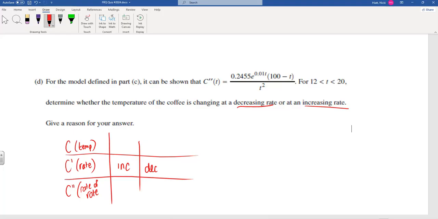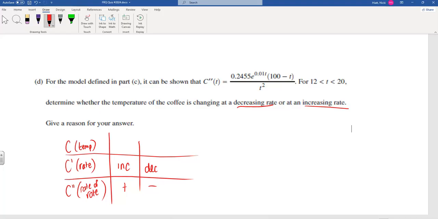Do they even have to give you the second derivative here? I don't think so. You can find that by doing positive and negative. C double prime, right, so you can use this, but they also gave you, hold on, let's see, because it says temperature of the coffee is changing at a decreasing rate or an increasing rate.